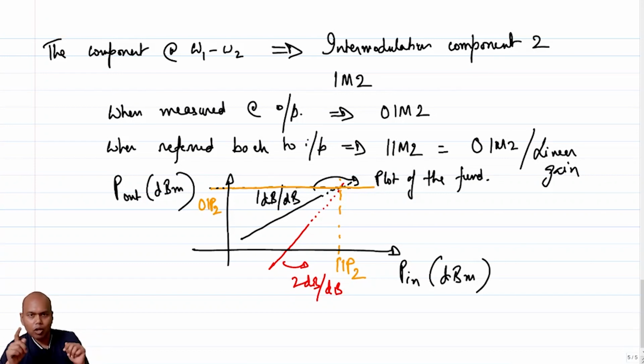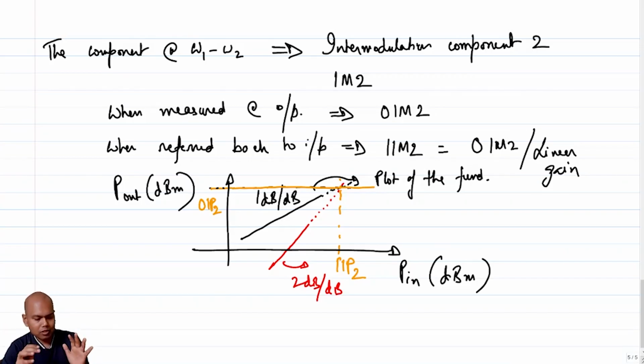If the fundamental is not 1 dB per dB, or the IM2 line is not 2 dB per dB, then you have chosen too high a power, and other higher order terms are probably affecting your simulation. So you have to reduce your power. Start off with low power, minus 40 dBm, minus 50 dBm of input power, and check what you get. If that is not sufficient, you reduce further and keep checking.